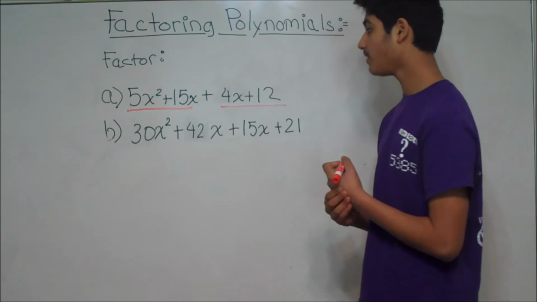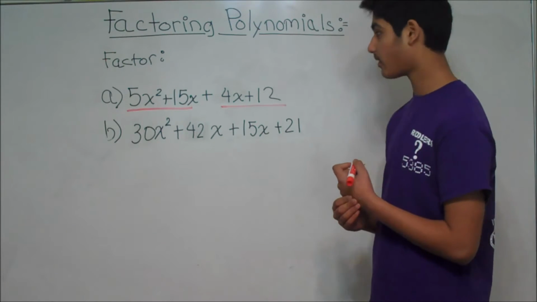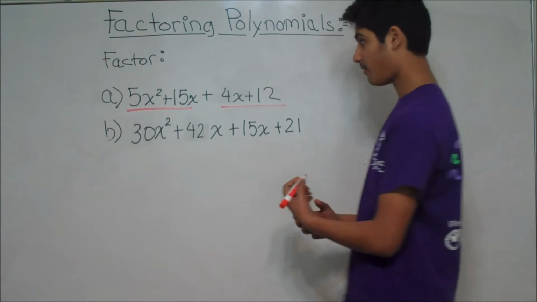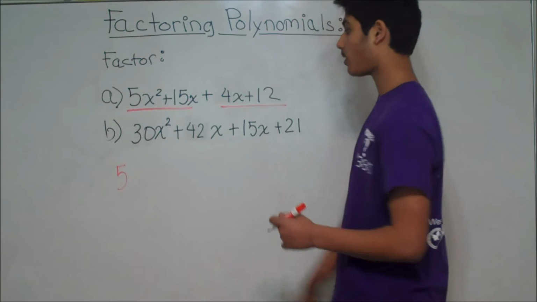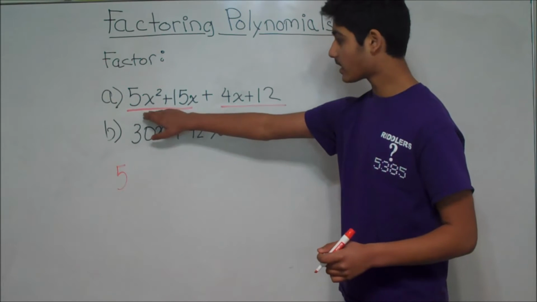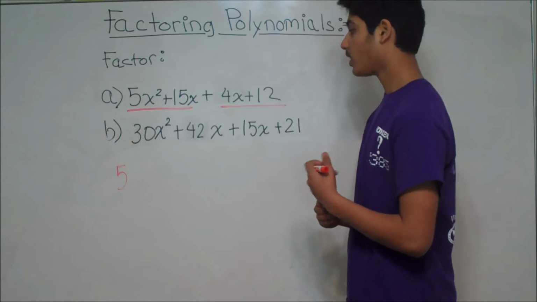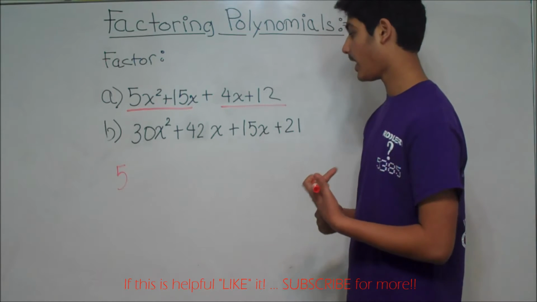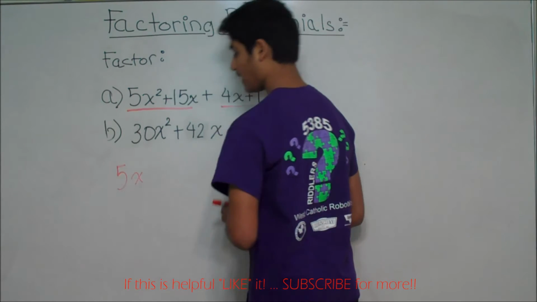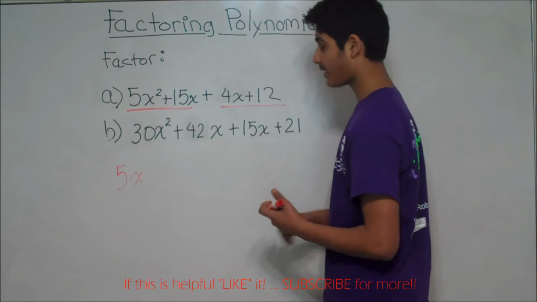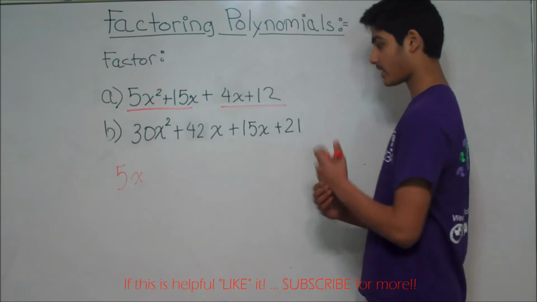The greatest common factor of 5 and 15 is 5. The next part of both terms is x squared and x. The greatest common factor of x squared and x is x. So 5x is our greatest common factor of 5x squared and 15x.